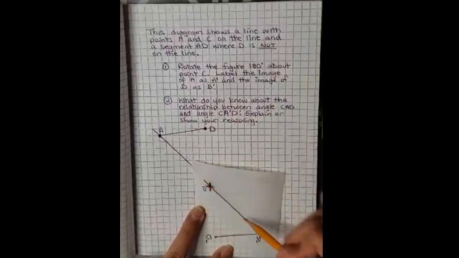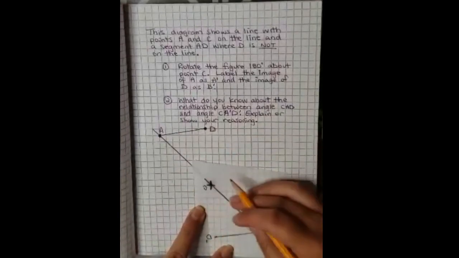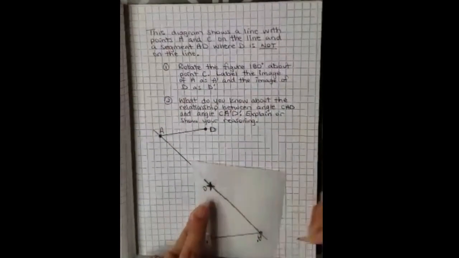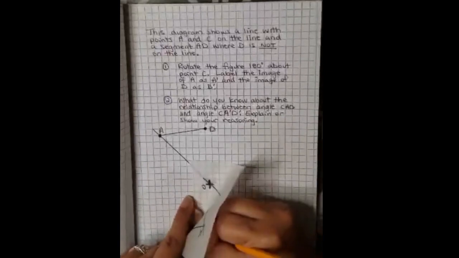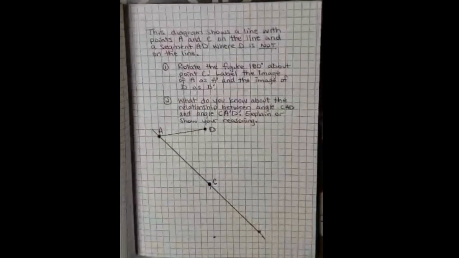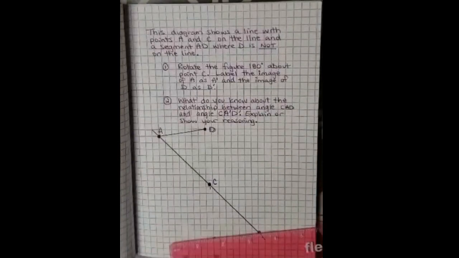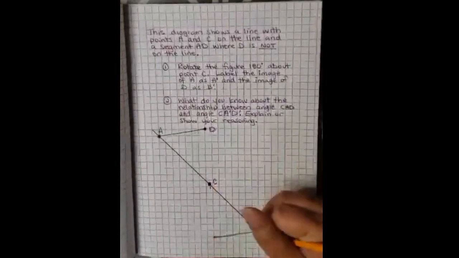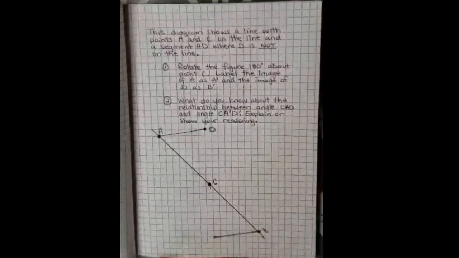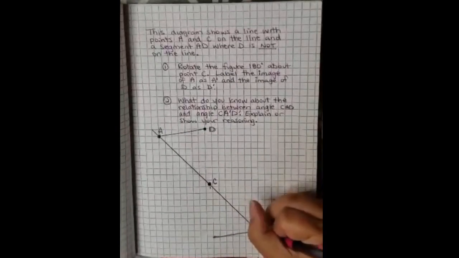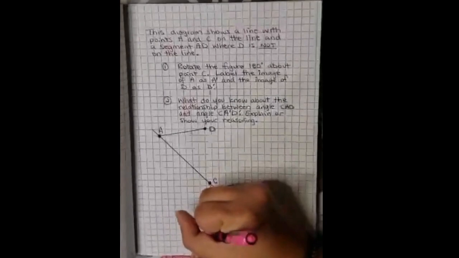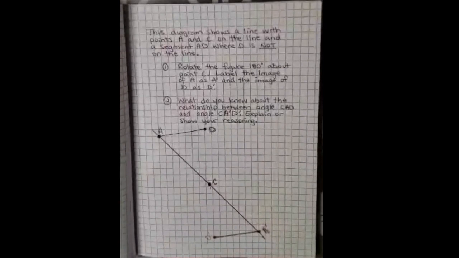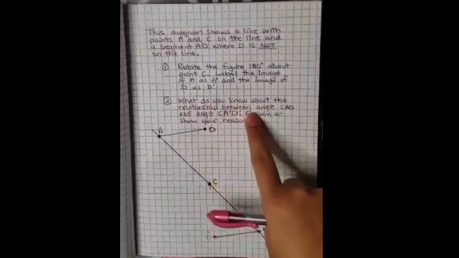So look, it makes like this backward Z. Okay, so let's put our new points. So we got A prime and D prime.